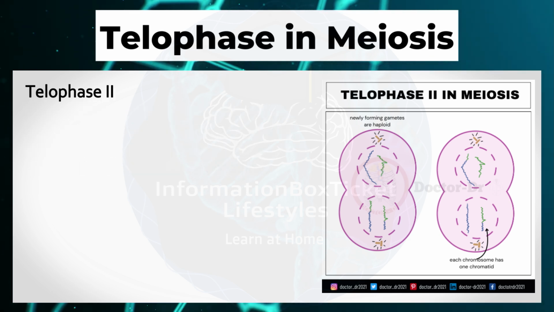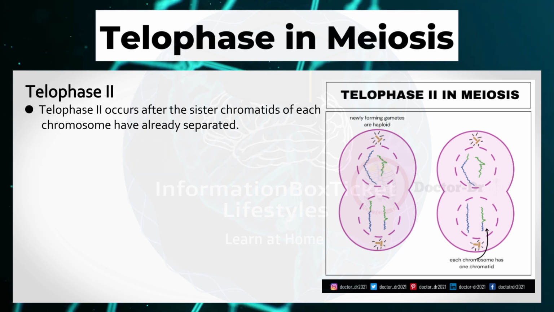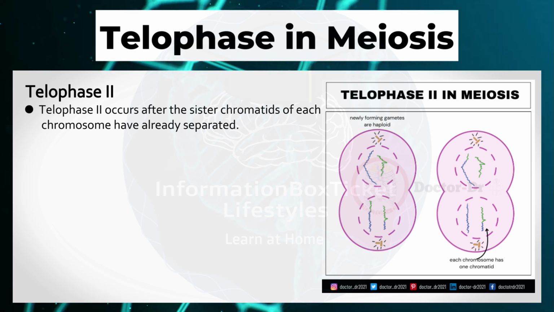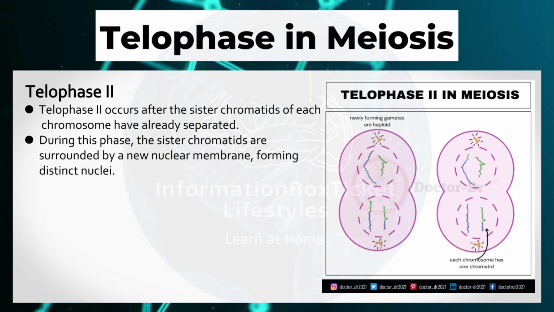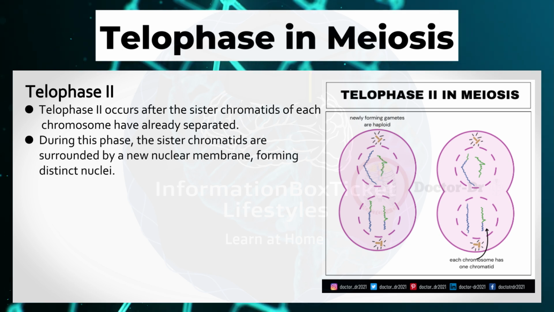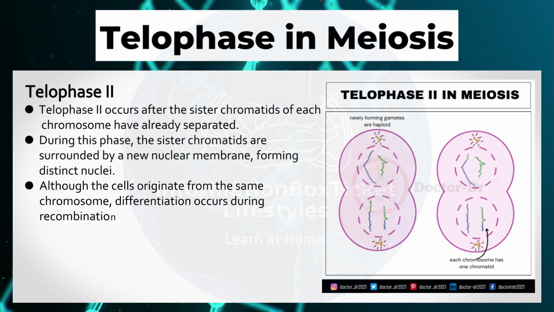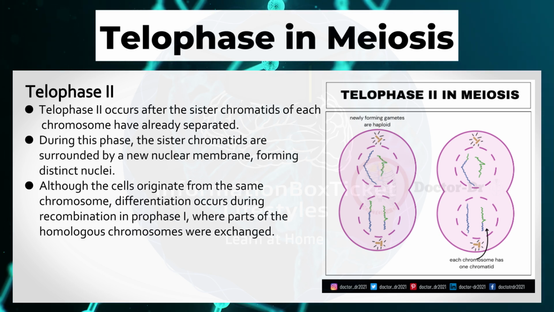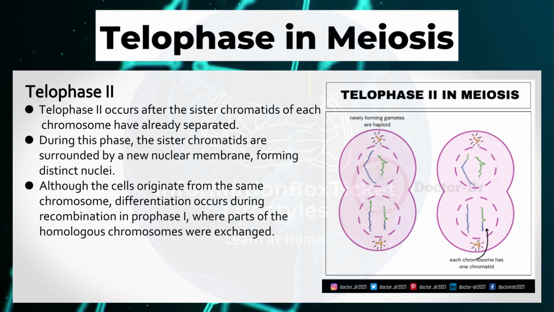Telophase 2. Telophase 2 occurs after the sister chromatids of each chromosome have already separated. During this phase, the sister chromatids are surrounded by a new nuclear membrane, forming distinct nuclei. Although the cells originate from the same chromosome, differentiation occurs during recombination in prophase 1, where parts of the homologous chromosomes were exchanged.